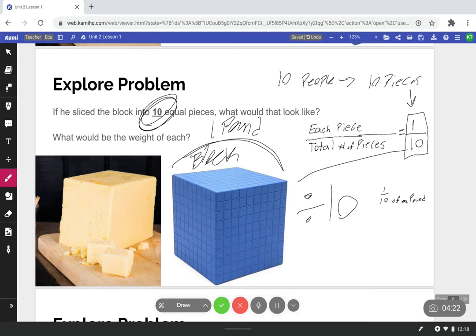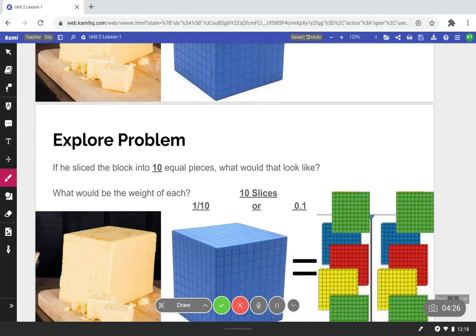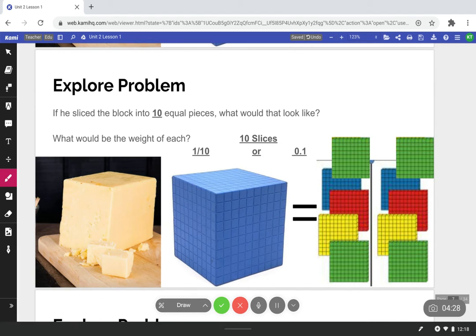Well, what would that look like? What would the actual piece look like? This is what it would look like. We would get these slices. You see how it looks like slices? Ben just cut it right down this line. 1 slice, 2 slices, and he did that 10 times.